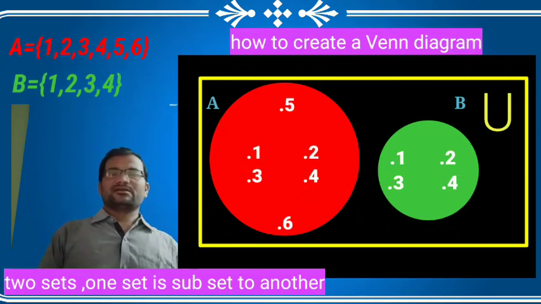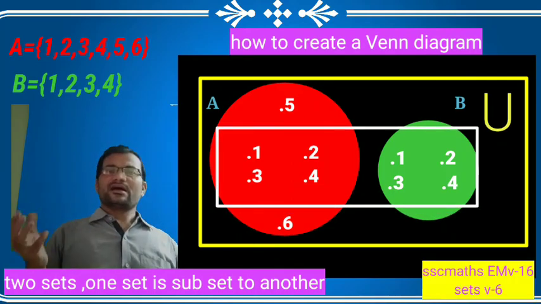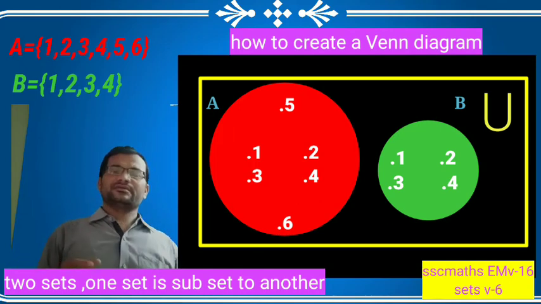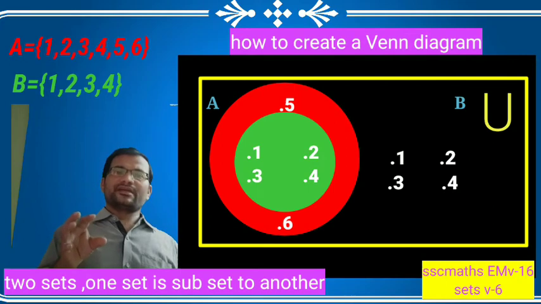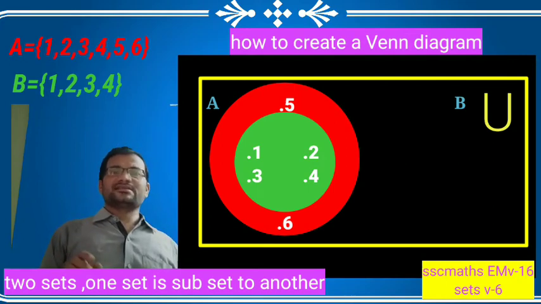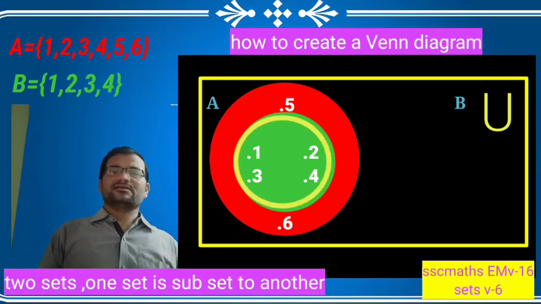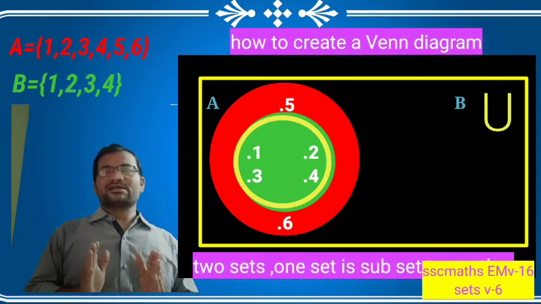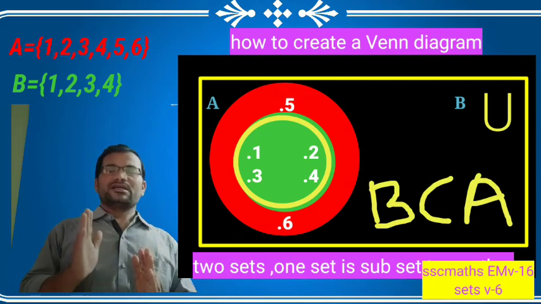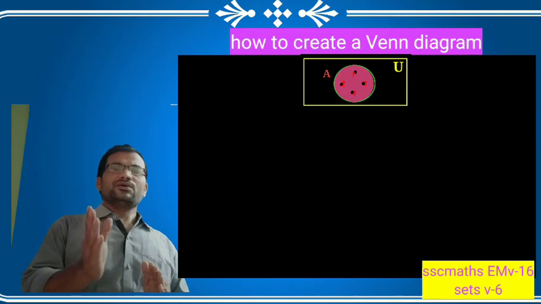Here you see the elements 1 to 4 are already in A. So I can keep this B inside A. So my diagram is shown like this, circle inside the circle. These are all within the rectangle. This is the representation of one set within the universal set and two sets within the universal set.